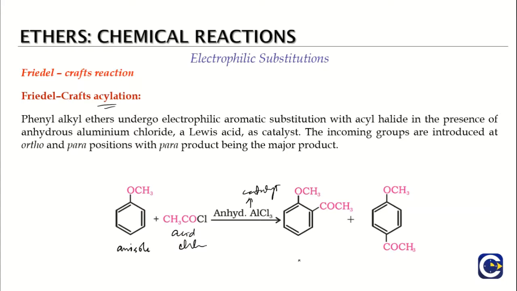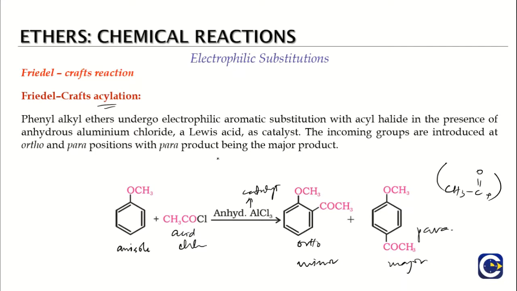Okay, and in the reaction we get the ortho product and the para product, and again the ortho one being the minor one and the para product is the major product. In this reaction CH3C double bond O plus is the electrophile. So these are the four electrophilic substitution reactions that are shown by the ethers.